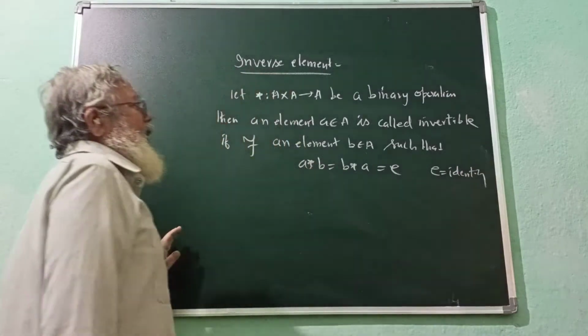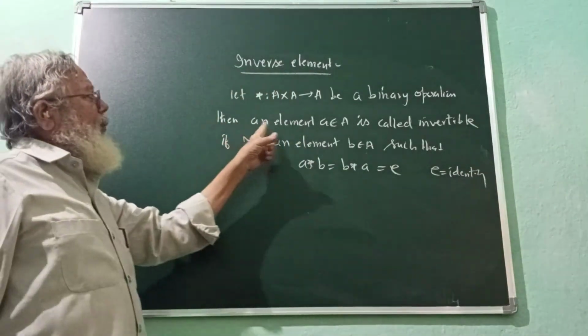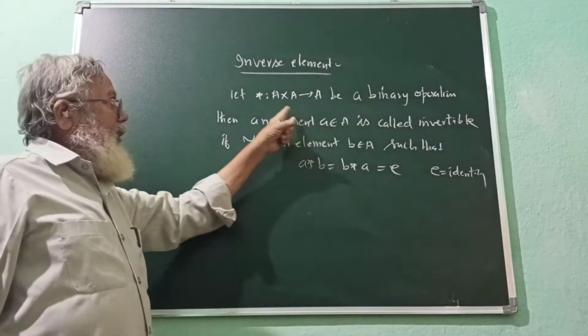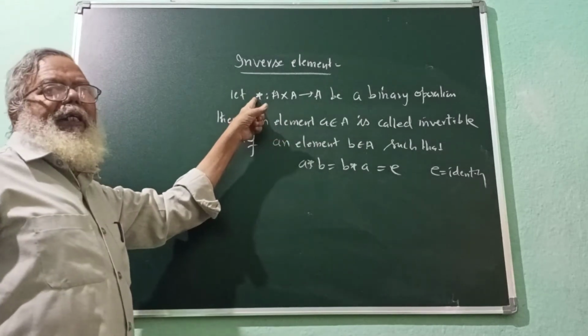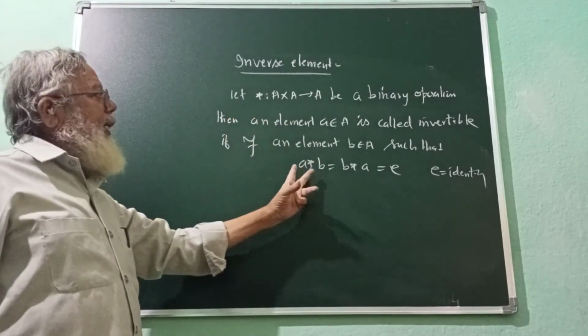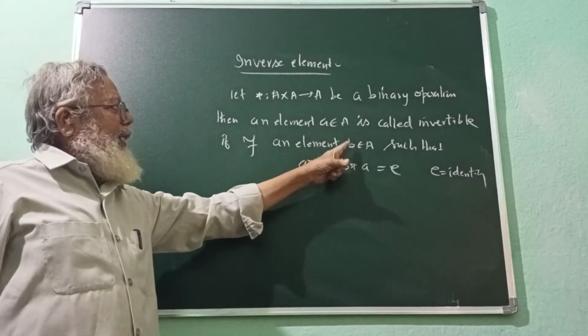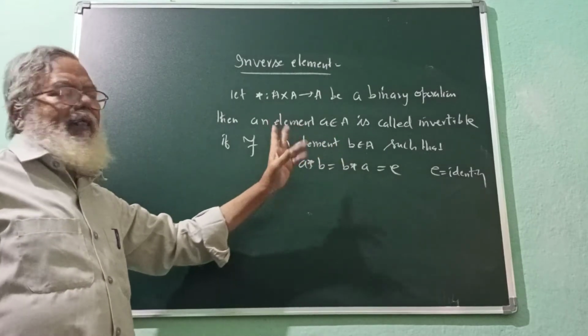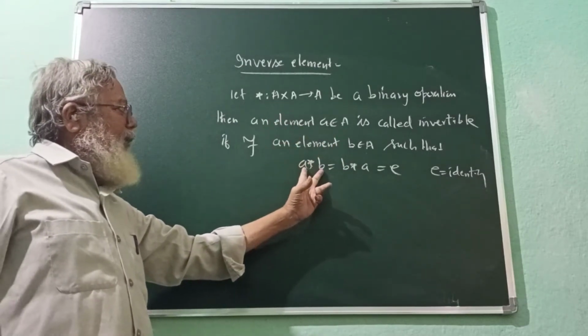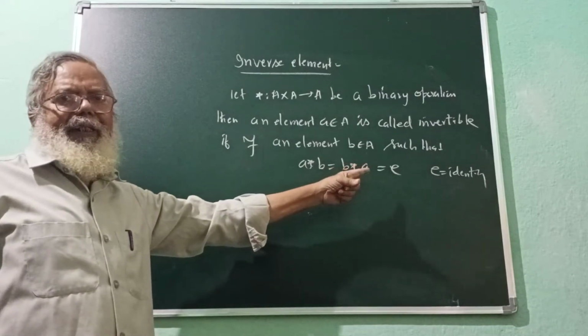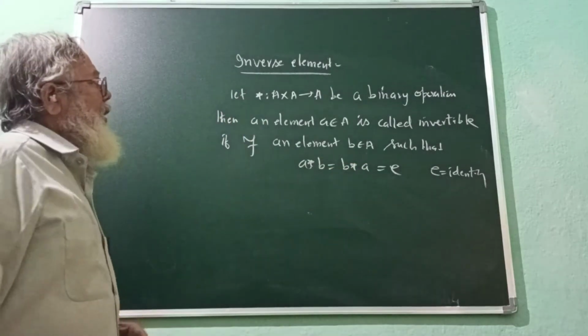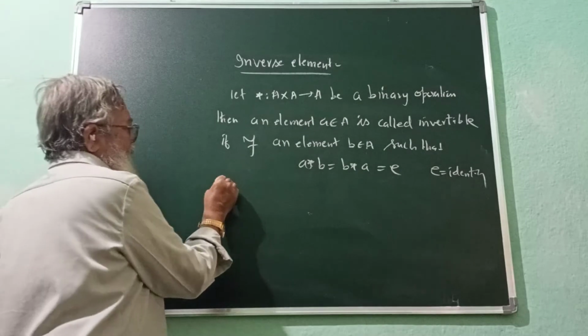So what is the meaning of that? An element will be invertible with respect to the binary operation star, provided there exists an element in that set only, such that when you operate them, the answer is the identity element.